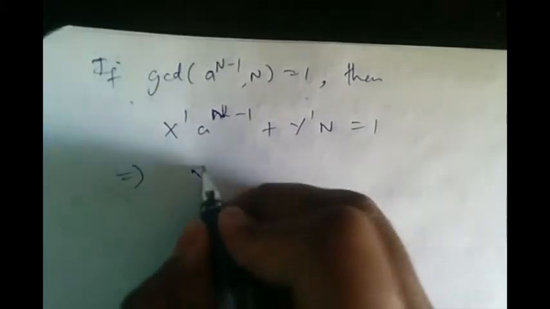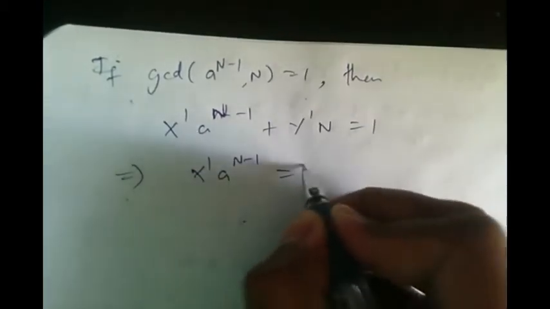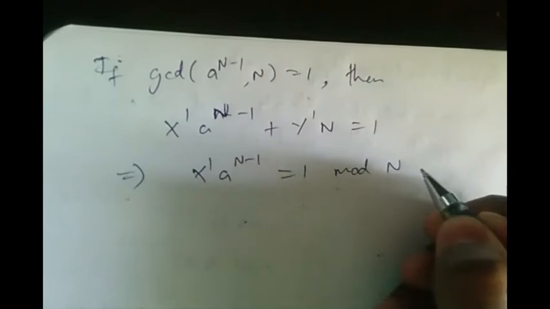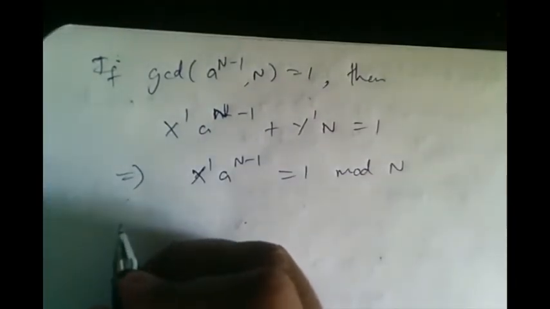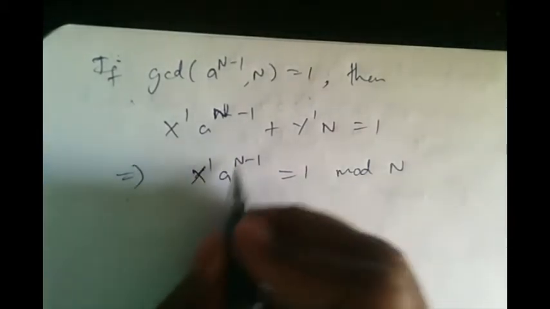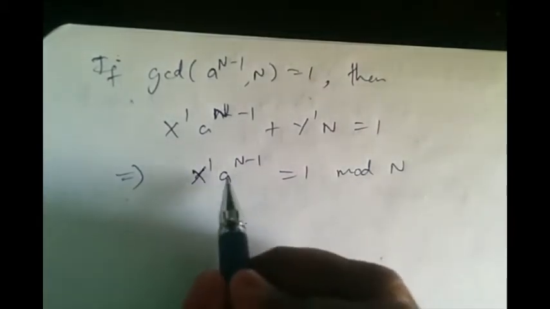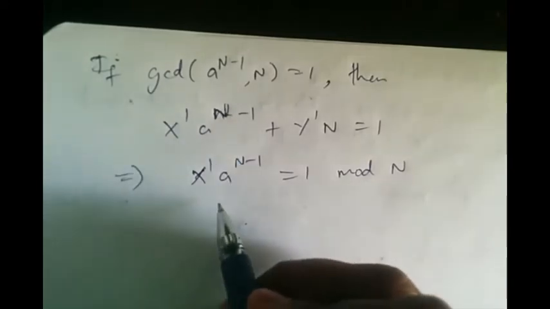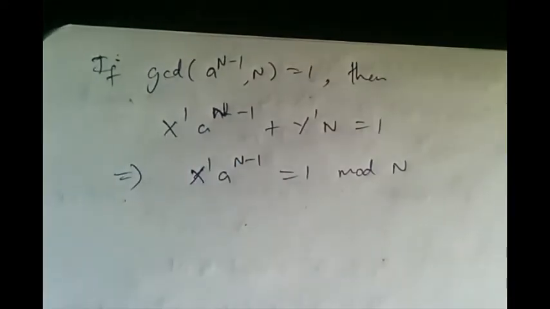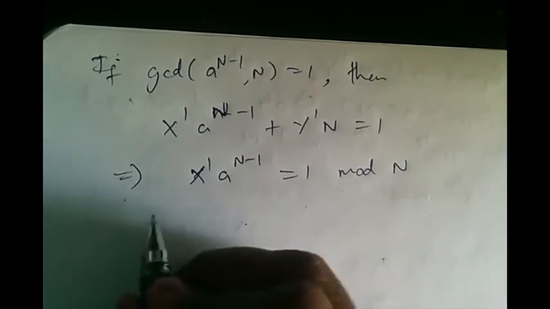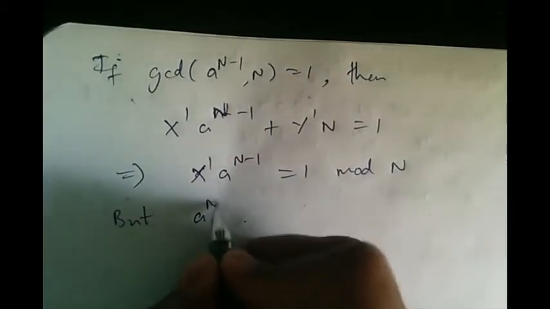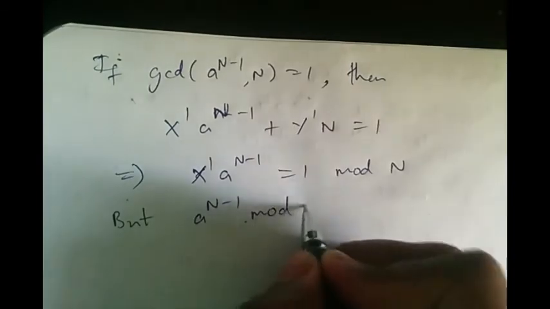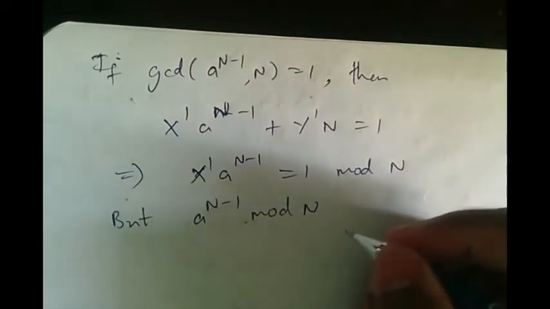So this implies that x prime a raised to n minus 1 equals 1 mod n. But we don't know what a raised to n minus 1 is. So all we get from this chain of reasoning is that x prime times a raised to n minus 1 is 1 mod n. Now, a raised to n minus 1 mod n may or may not be equal to 1.